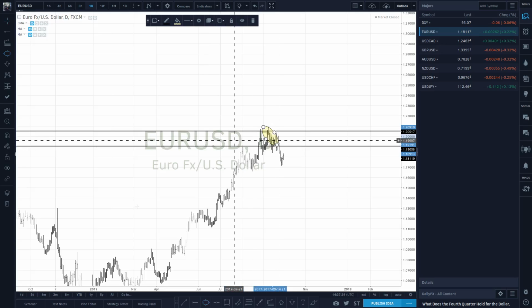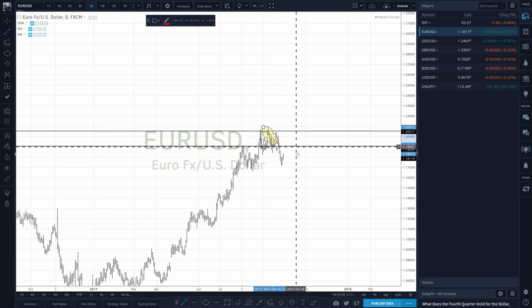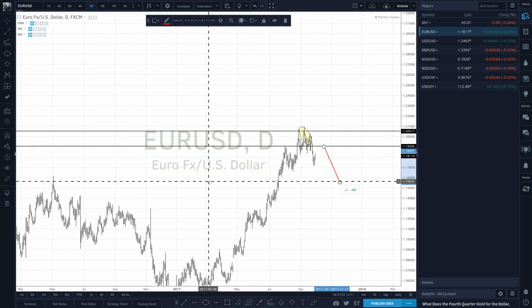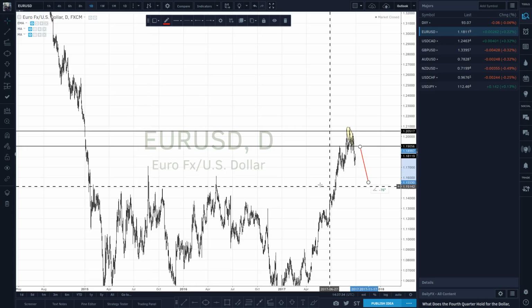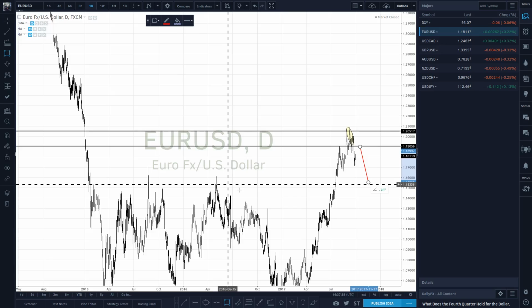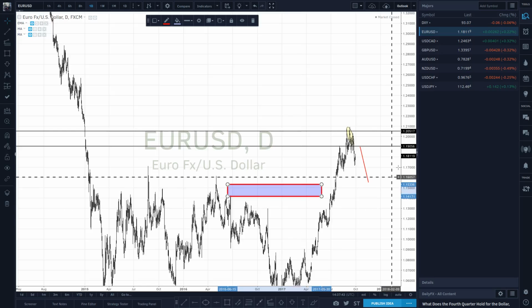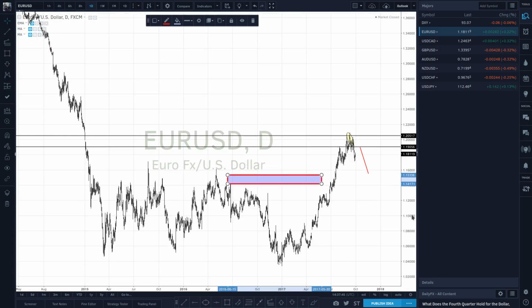So while this level is holding, I'm expecting the dollar to continue lower. Now the pair has made a new high from this correction in this area. I would be expecting to see a little bit of support down in this range. But for the week ahead, I'm looking for the pair to head lower.